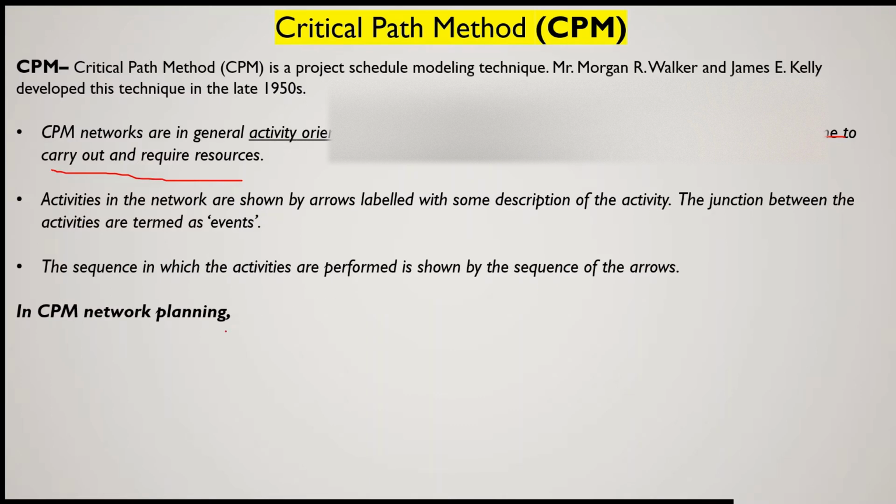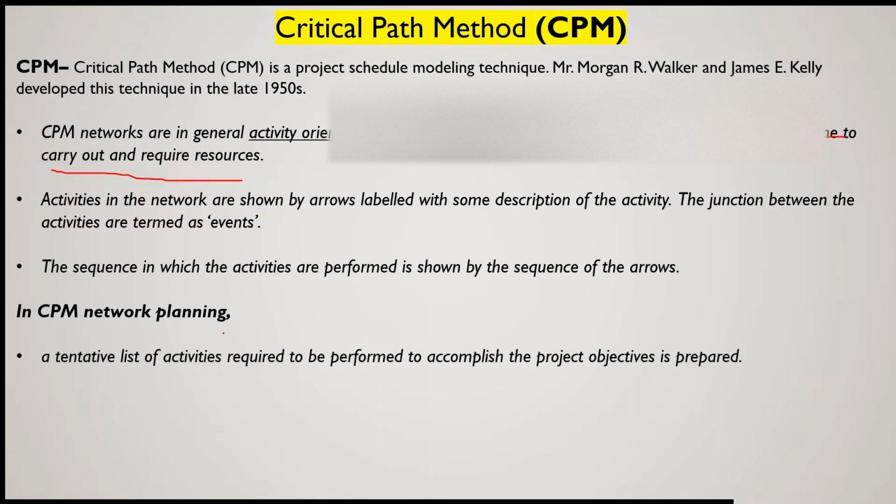Now in CPM network planning, first of all we will use the work breakdown structure. That means a project will be divided into various activities, and a tentative list of activities required to be performed to complete or accomplish the project objective is prepared.